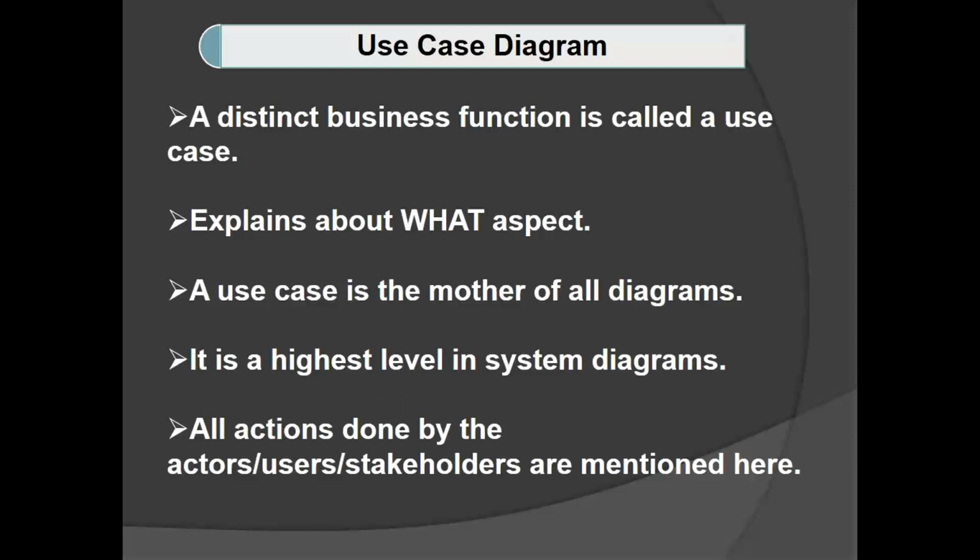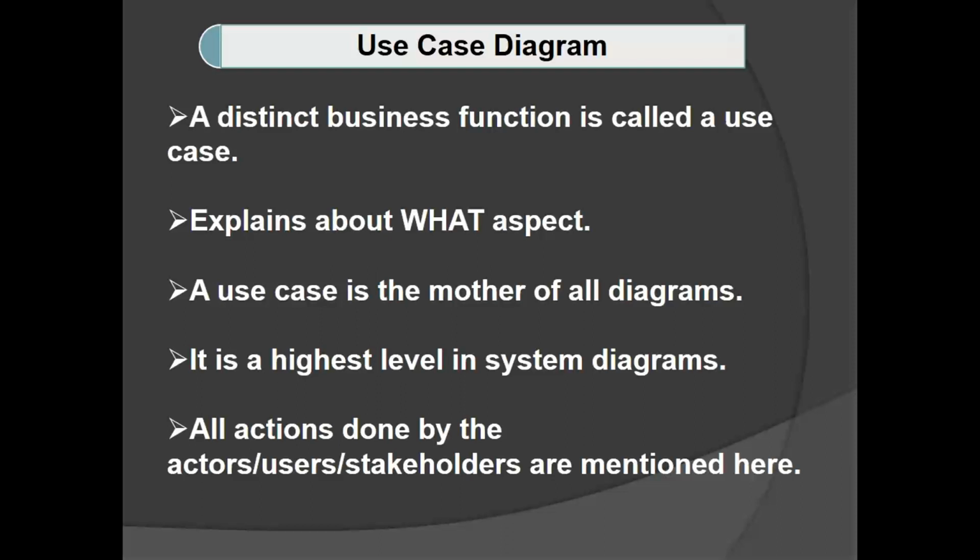I am going to show you. The use case diagram explains what is happening in the system. Okay, so we can call the use case diagram the mother of all diagrams, and in the use case diagram we explain all the actions that are done by the users, system, actors.